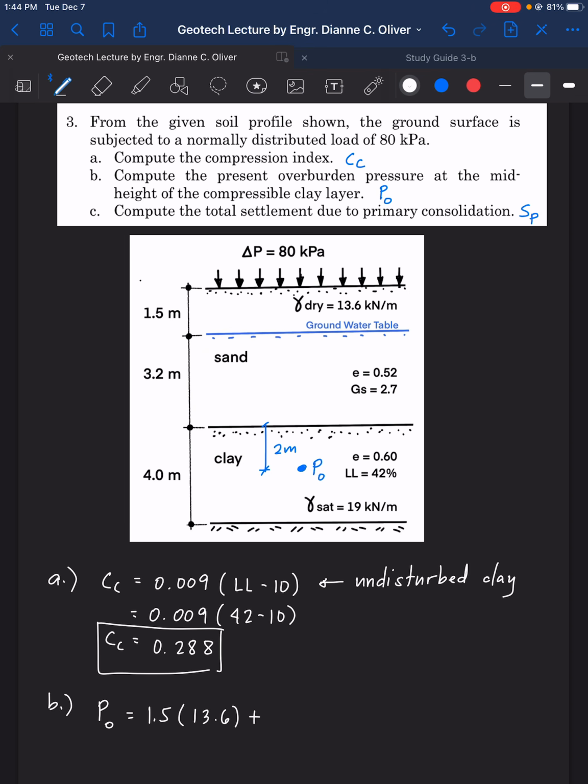We need to compute for gamma of the sand.